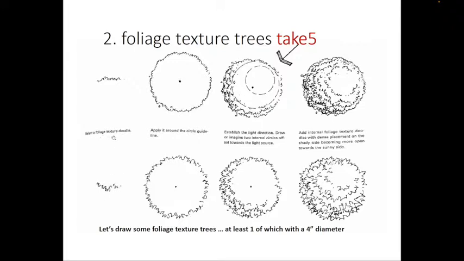And he says select a foliage texture doodle just to describe the outline of the plant, and then show some of the curvature and contours of the plant as if you were looking at it from overhead.